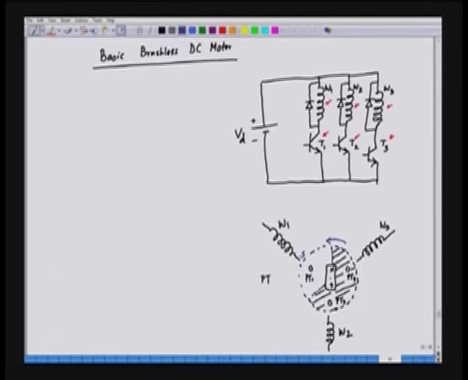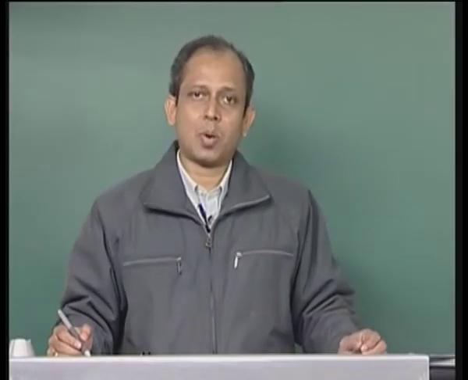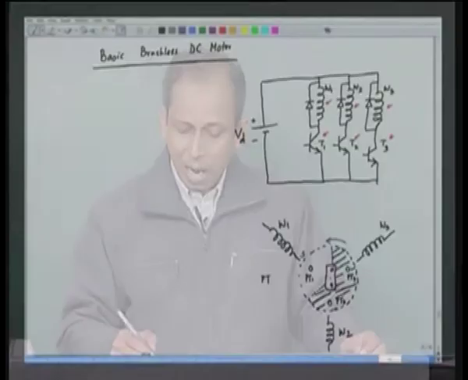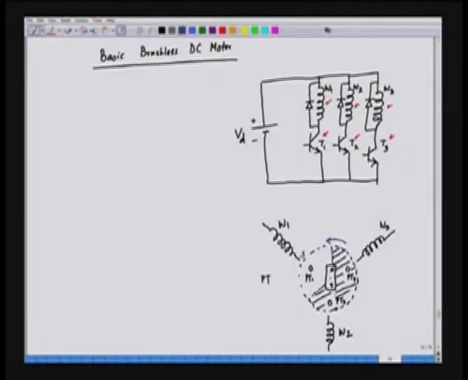The north pole of the rotor will be aligned along W1, and then PT1 will be covered. The phototransistor 1 will be covered. The opaque region will come and the phototransistor 1 will be covered, and hence PT2 will be lighted. So, we have a structure like this for anti-clockwise rotation.